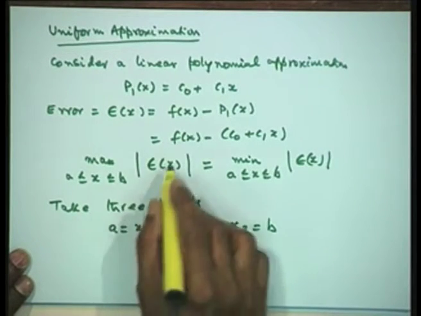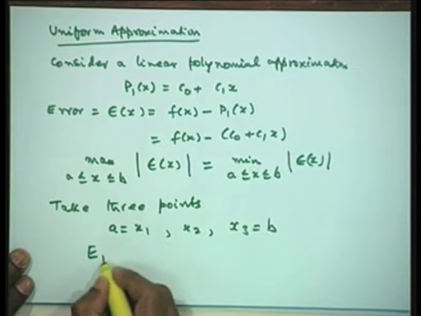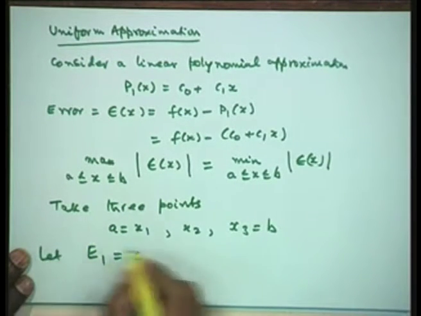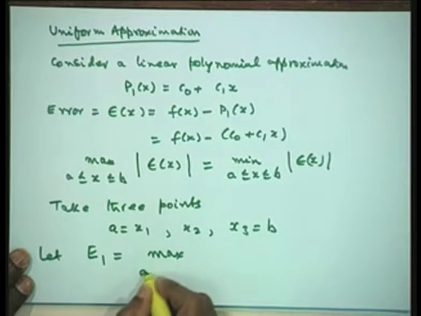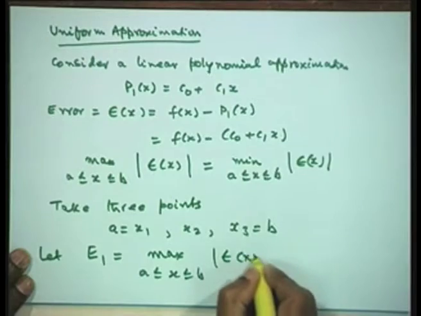If we define the largest value of epsilon x in magnitude as E 1, let us define E 1 as maximum of a less than x less than or equal to b in magnitude of epsilon x.